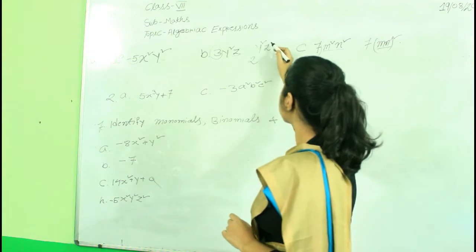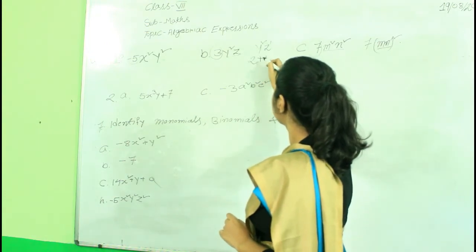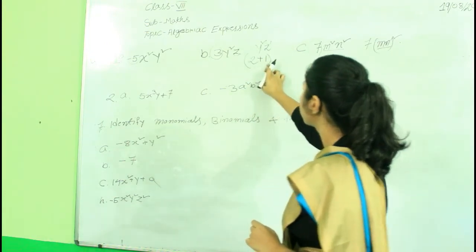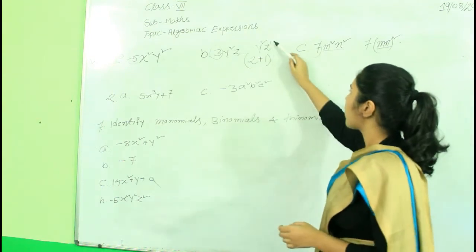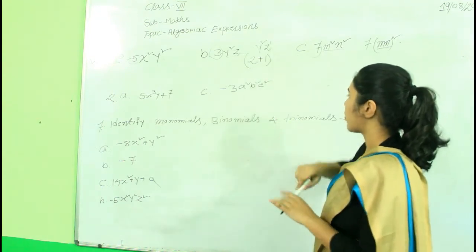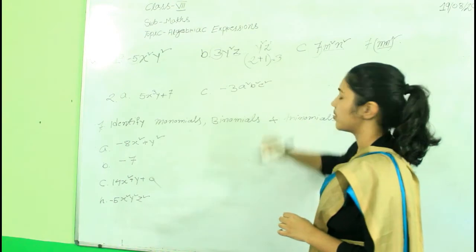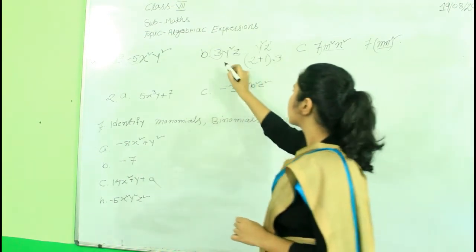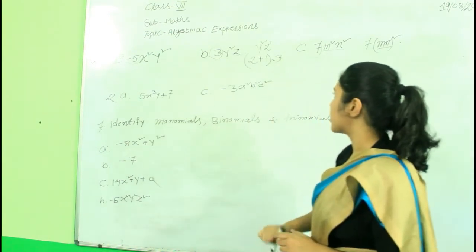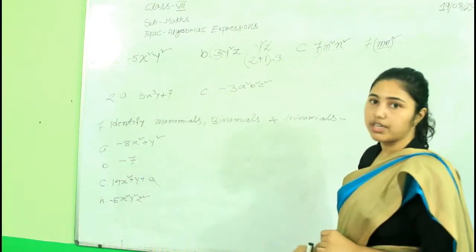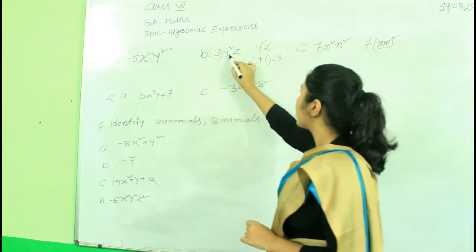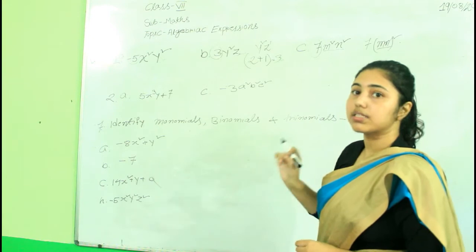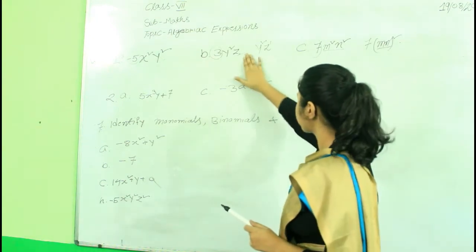And the power of z is 1. Now add these two powers, which is 2 plus 1 equals to 3. Which means the degree of this expression is 3, or the power of the variable is 3. Okay?